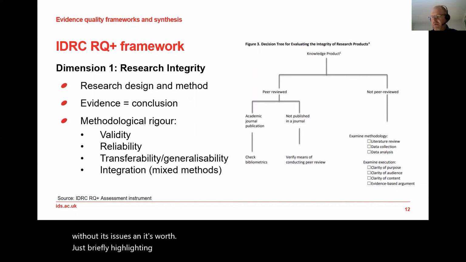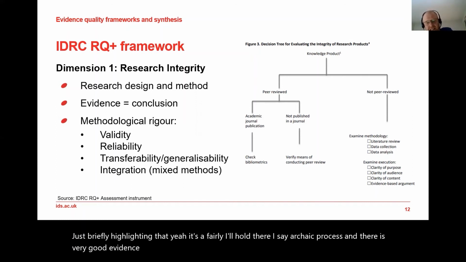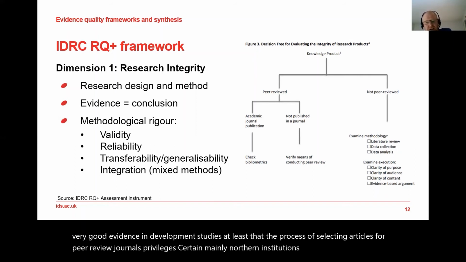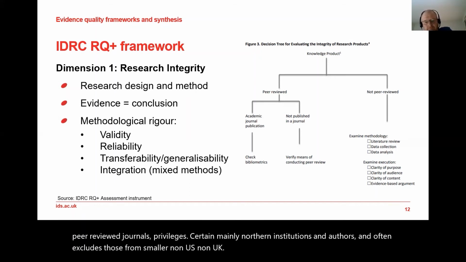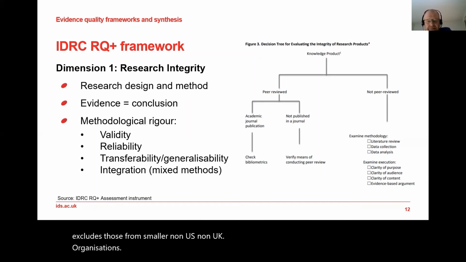It's a fairly old, dare I say, archaic process, and there's fairly good evidence in development studies, at least, that the process of selecting articles for peer-reviewed journals privileges certain mainly northern institutions and authors, and often excludes those from smaller, non-US, non-UK organisations for a variety of reasons.